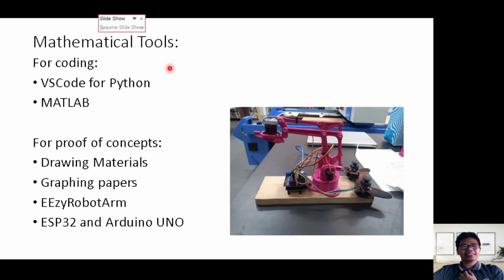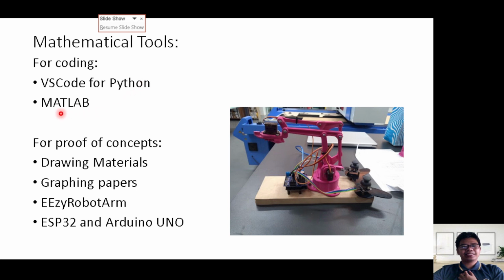So what are the tools that we will use in this course? For coding, we will use VS Code for Python, a robust and versatile code editor. It will be our canvas as we paint our robotic creations with Python.